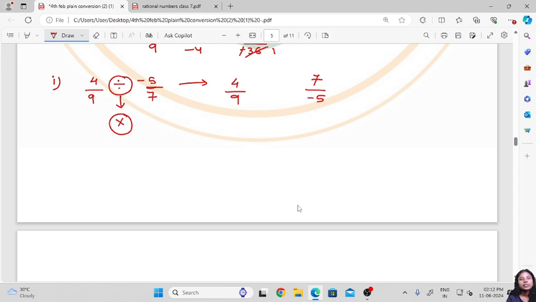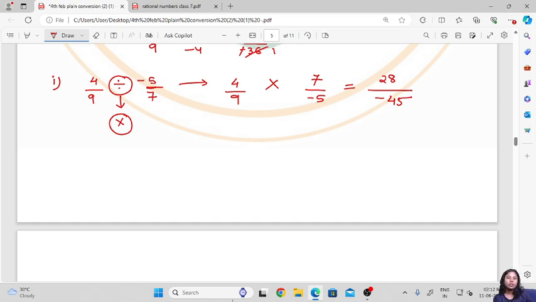So when I take a reciprocal of any number, if there is division it will become multiplication, or if there is multiplication it will become division. So here we'll get multiplication: 7 4s are 28 upon minus 45.